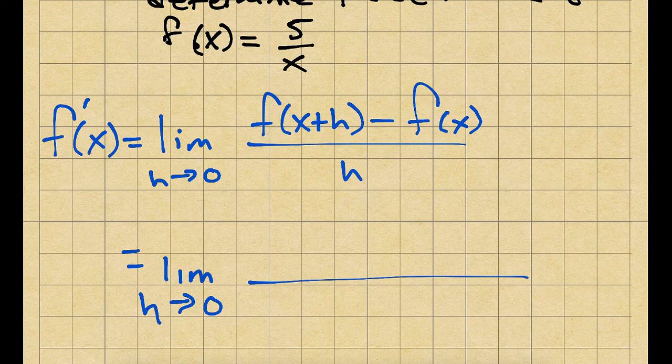What we'd have is 5 over x plus h minus 5 over x, divided by h. If we go through and evaluate that, we're going to come up with the value for the actual limit, and subsequently that would generate a rule for the derivative. I'm not making you go through and do that, but just know that that's how you would write out the formal derivative.